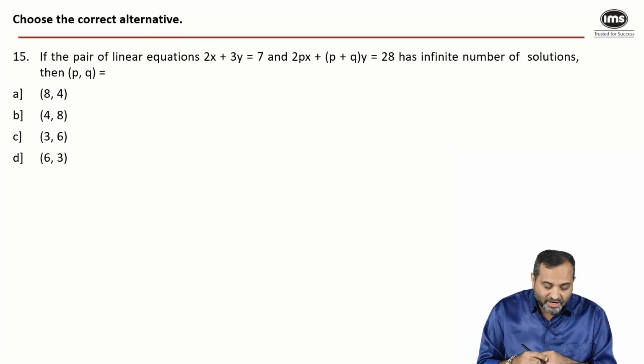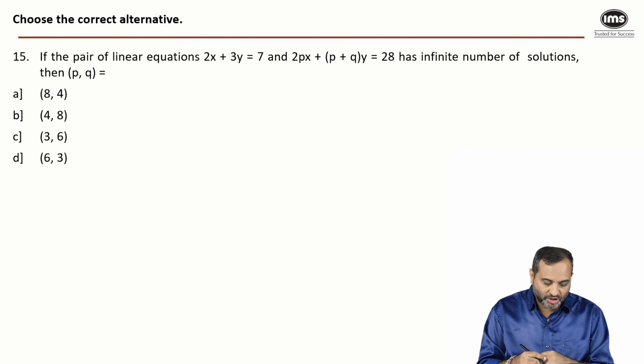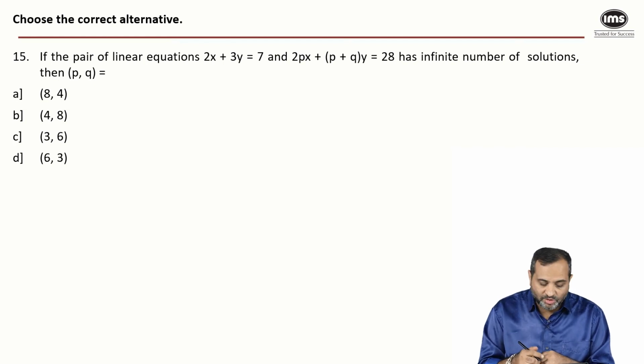If the pair of linear equations 2x plus 3y equal to 7 and 2px plus (p plus q) into y equal to 28 has an infinite number of solutions, then p and q can take what values? So first thing, the question says I have an infinite number of solutions. When will my number of solutions be infinite?